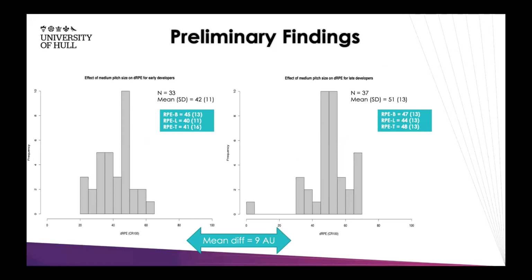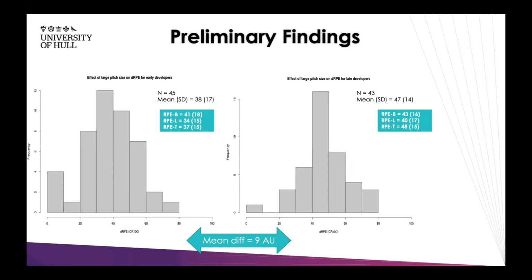The effect of medium pitch size for early developers, the mean was 42, whereas for the late developers, the mean overall RPE on the medium pitch size was 51, a difference of 9 arbitrary units. Just moving on to the large pitch size, the mean overall RPE for the early developers was 38.